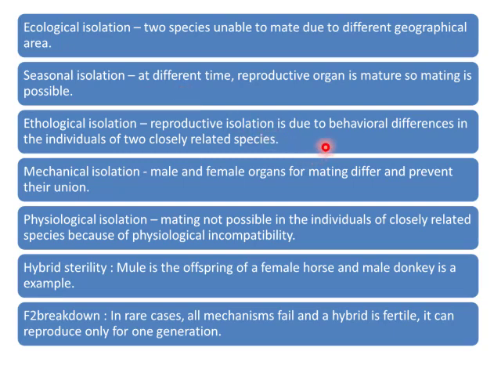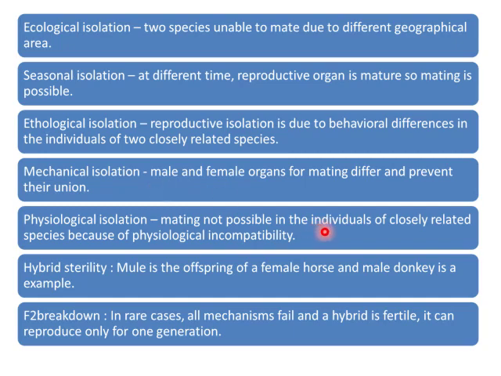The third one is ethological isolation, also called behavioral isolation. In this, members of two different populations have different reproductive behavior, and due to this they cannot interbreed with each other. The next one is mechanical isolation, in which male and female organs for mating differ from each other and prevent their union.